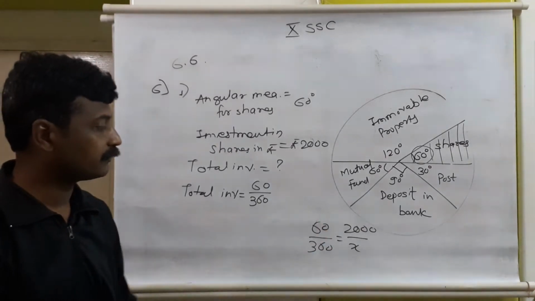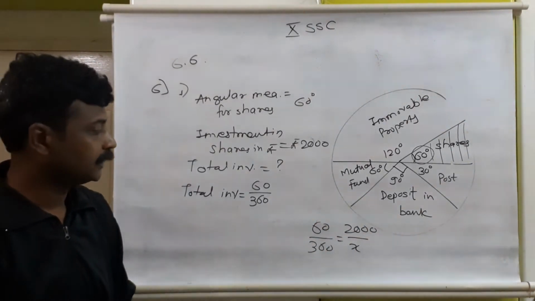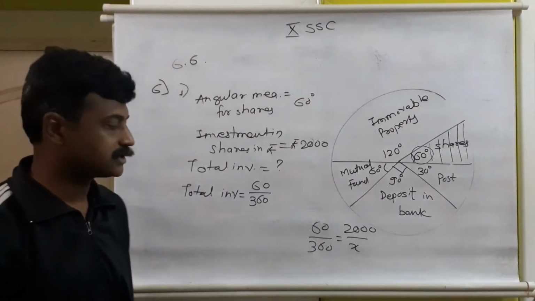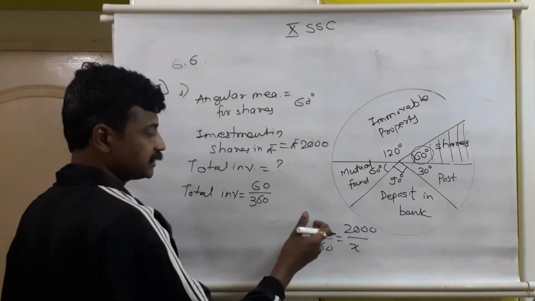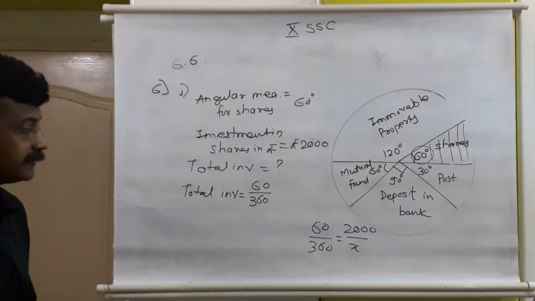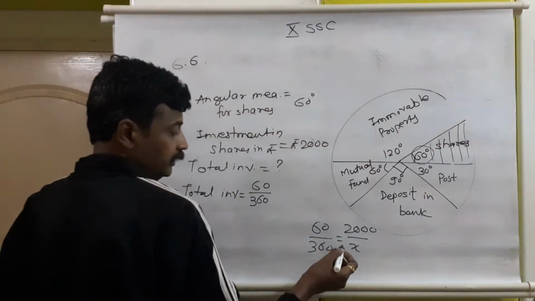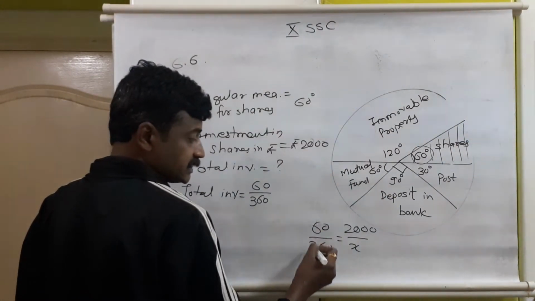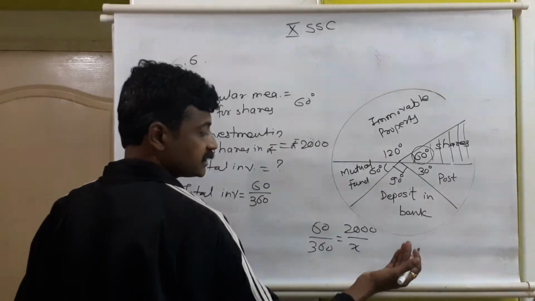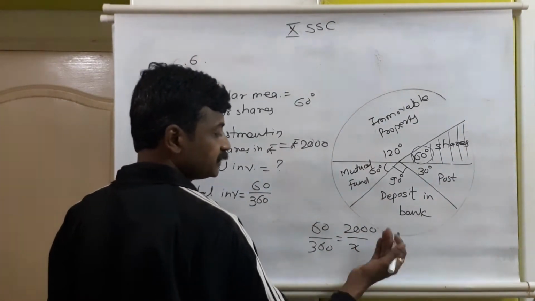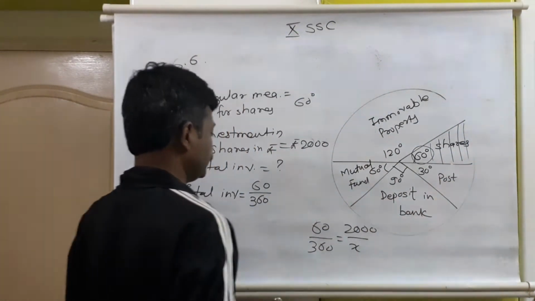If we want to find the value of X, it will be comparatively 2000 into 360, or X will come this side. So X will be equal to, if X comes this side, then 60 upon 360 will go to that side, it will be divided by 60 upon 360. To divide by 60 upon 360 means multiply by its reciprocal.